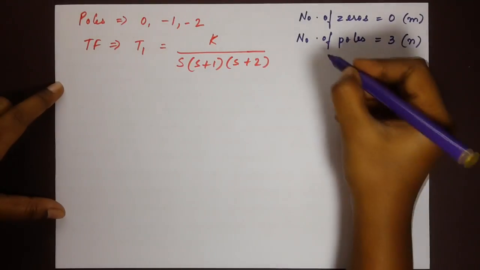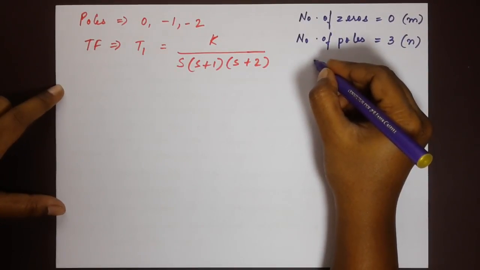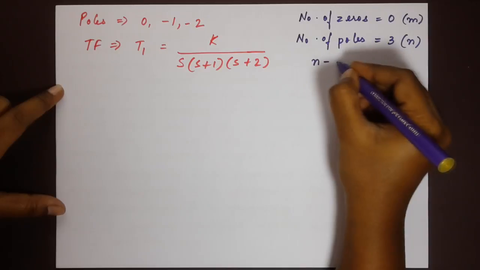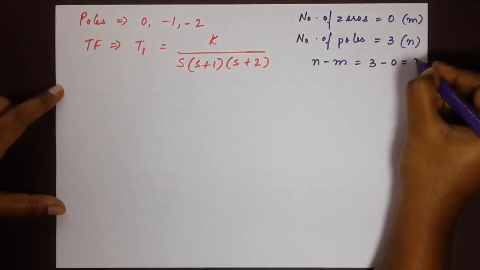Now the next thing we have to do is find out the difference between them. So the thing we need to do next is n minus m. n minus m is 3 minus 0, which is 3.